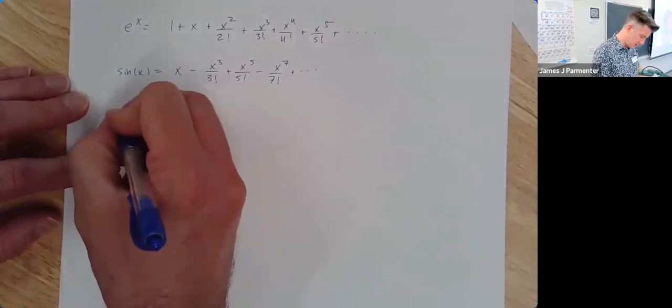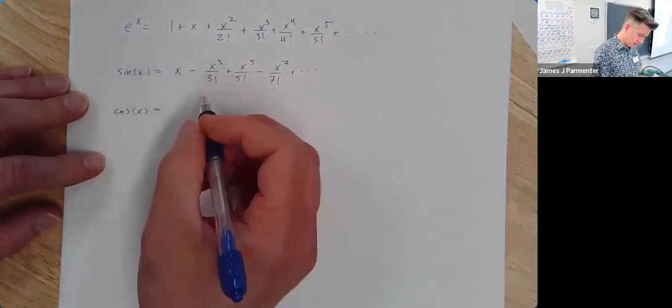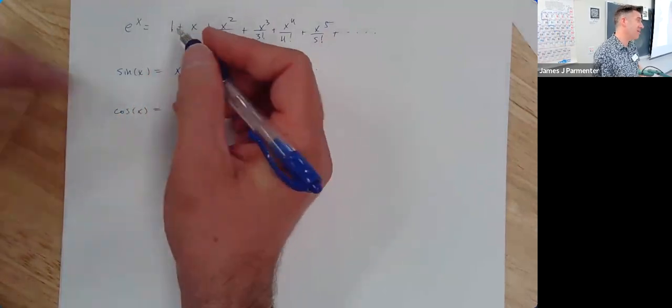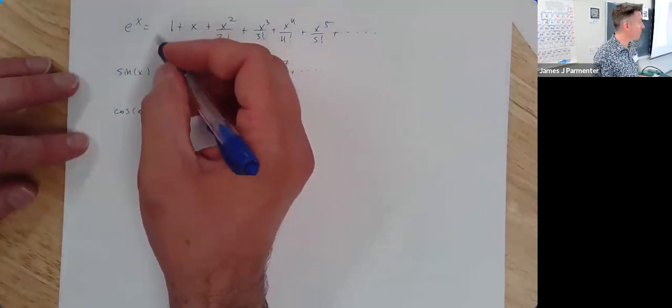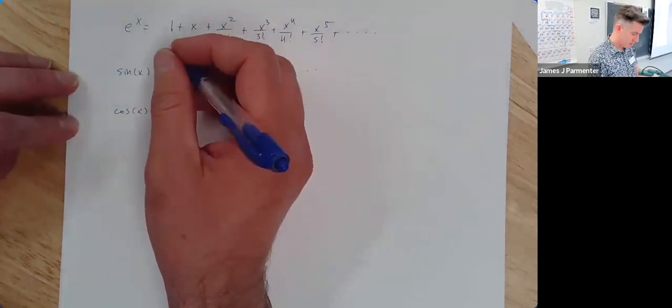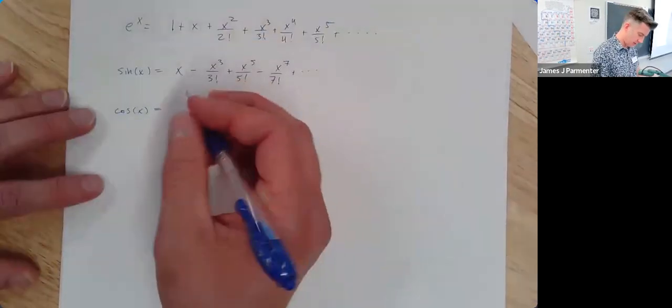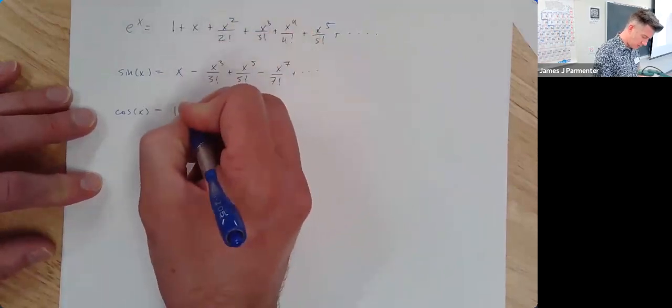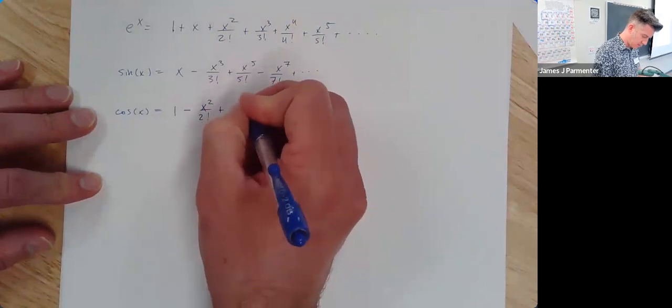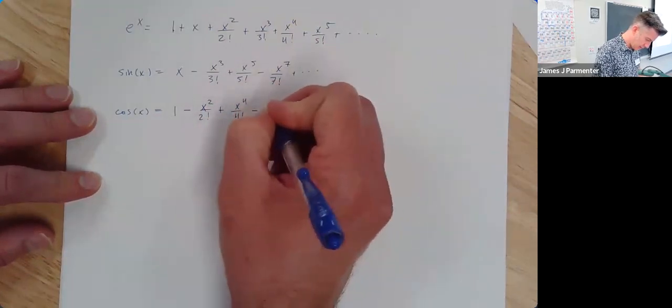And then cosine is just the even terms. Well, 1 is an odd number, but this is an even power of x because it is x to the 0th power. So you basically need all the terms. So I get 1 and then alternate: minus x squared over 2 factorial plus x to the 4th over 4 factorial minus x to the 6th over 6 factorial.